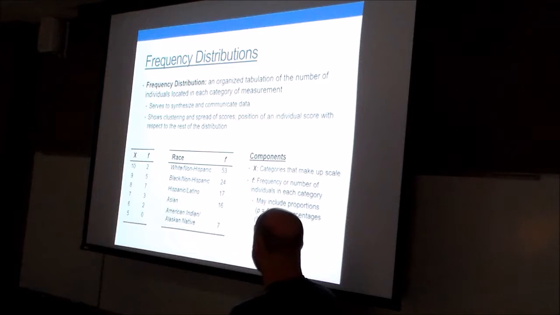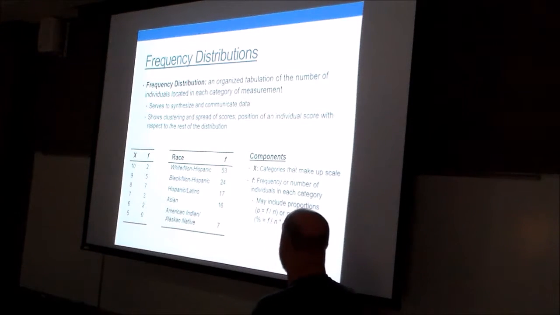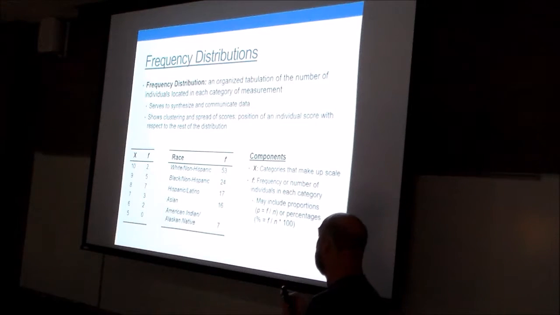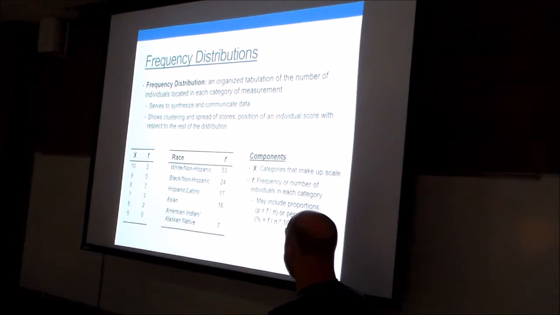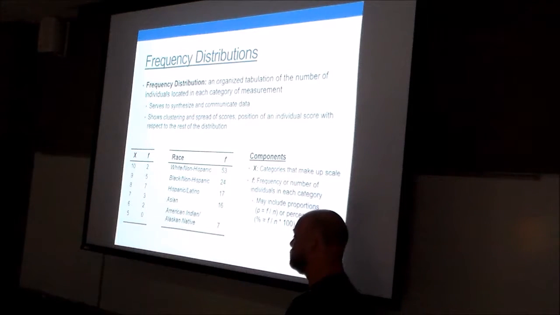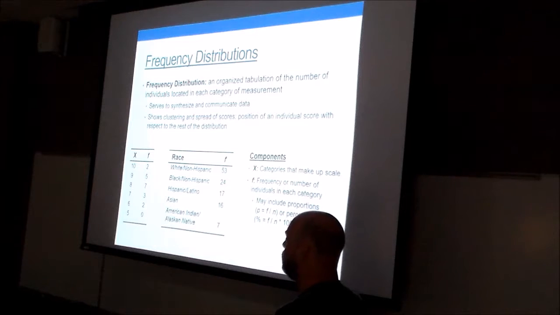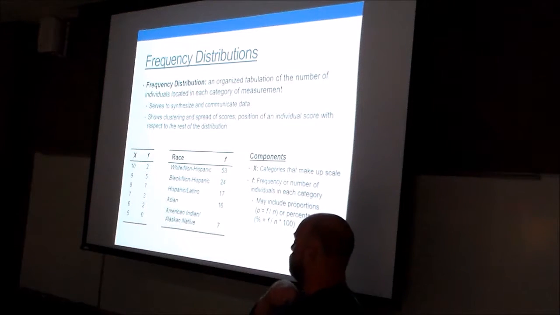Here, what we're doing, showing clustering, spread of scores, position of an individual score within the rest of the distribution. So, what type of data are we displaying here in this table, Angela? What's the level of measurement for the race variable here? What kind of variable is race ethnicity?